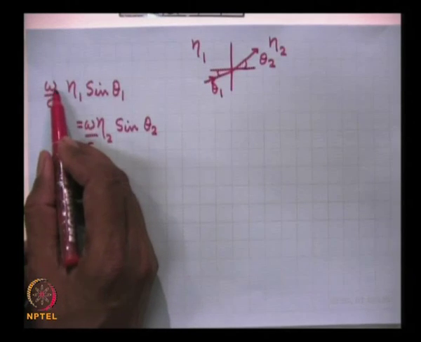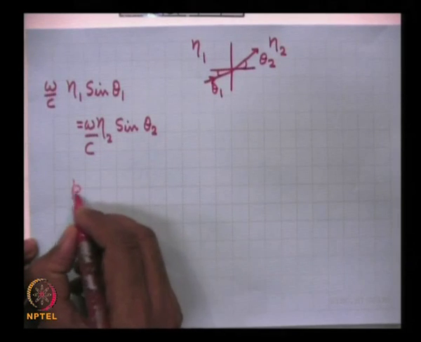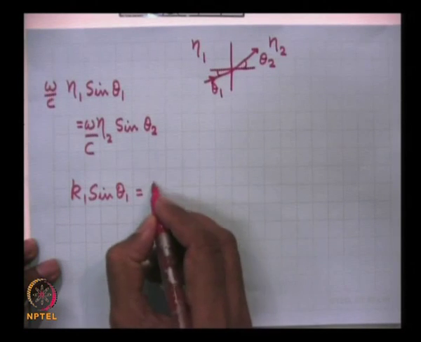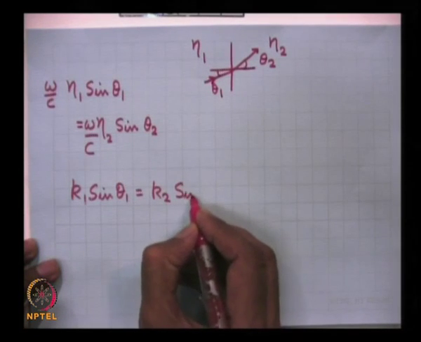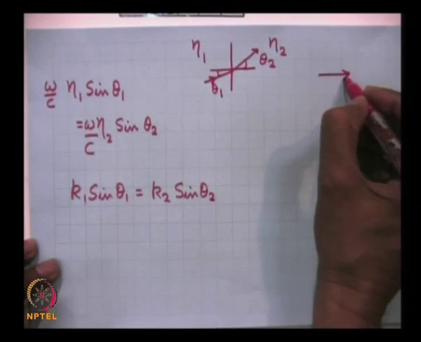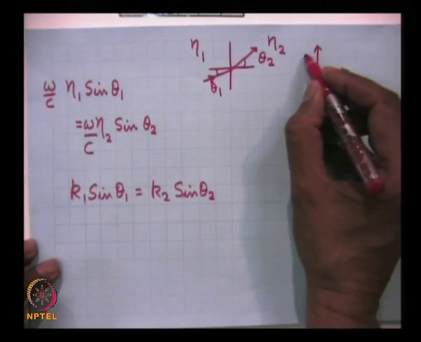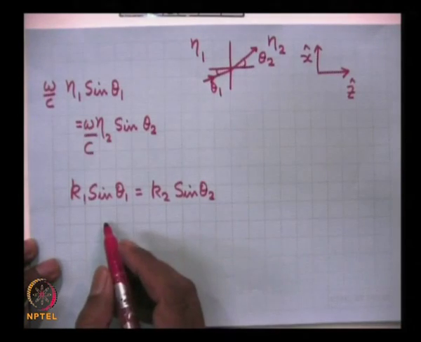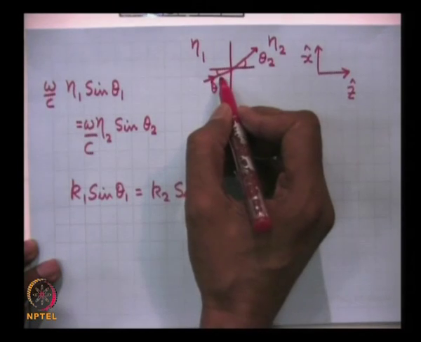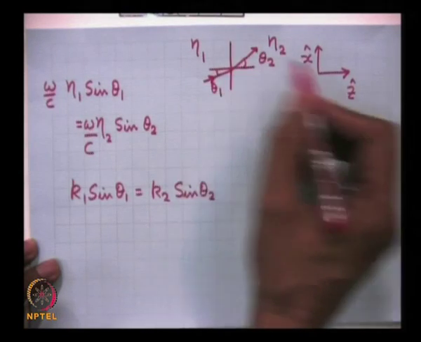You know the product of omega by c into refractive index is called k. So, this equation is equivalent to saying that k1 sin theta 1 is equal to k2 sin theta 2. I am considering a situation where density is changing in z and plasma is uniform in the x direction. So, k1 sin theta 1 is the component of the k vector of the wave along the interface, or perpendicular to the z axis.